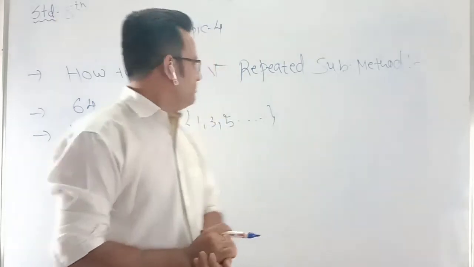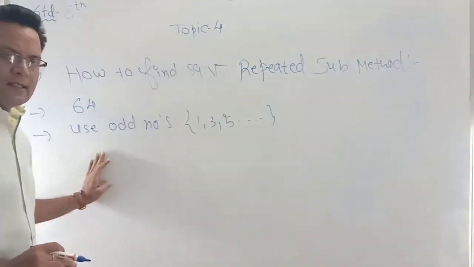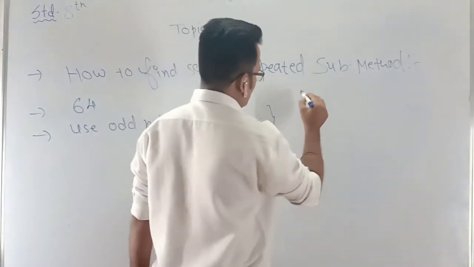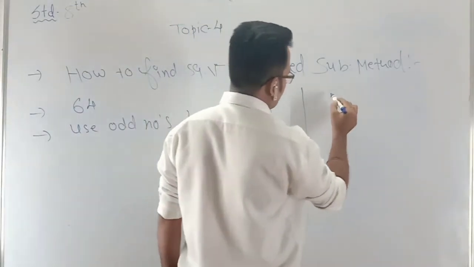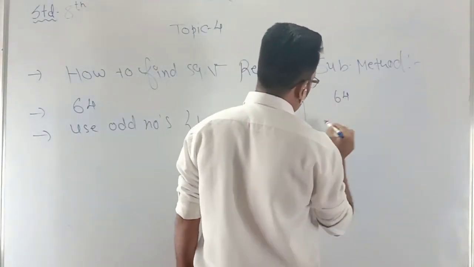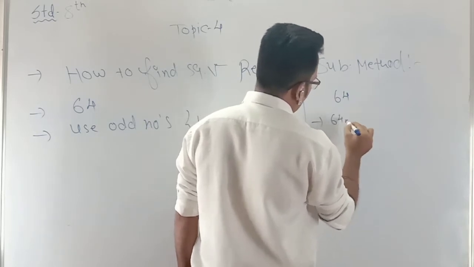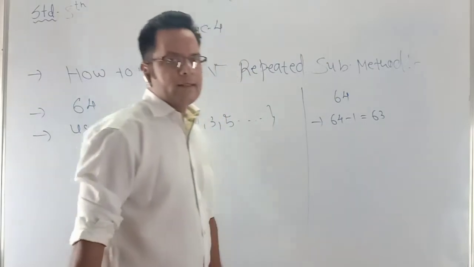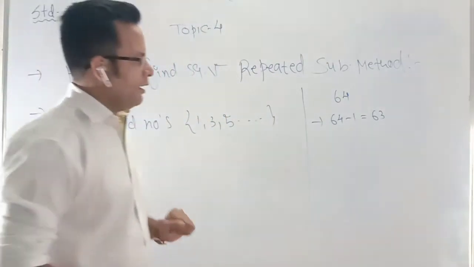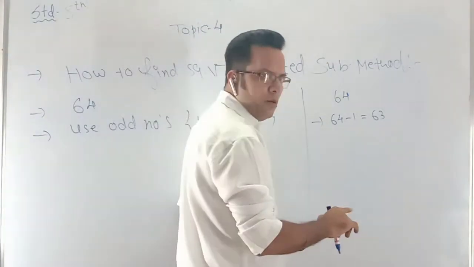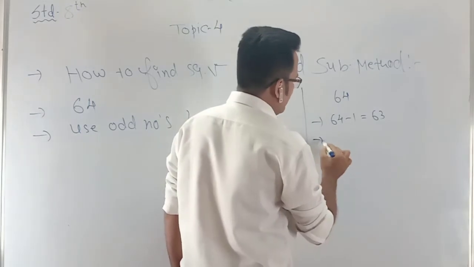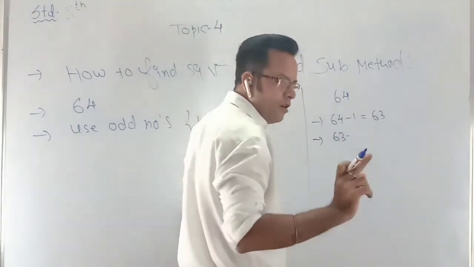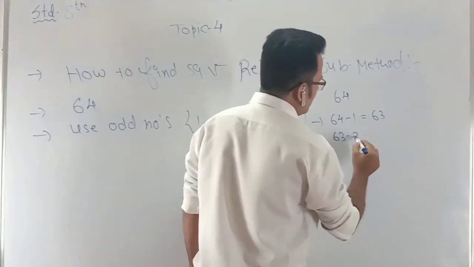So how to do it? First of all, just take one example here. I am giving you 64. The number is 64, right? So 64 minus 1 is equal to 63. Okay, we are subtracting odd numbers one by one. Now you have 63. After 1, which odd number will come? 3.